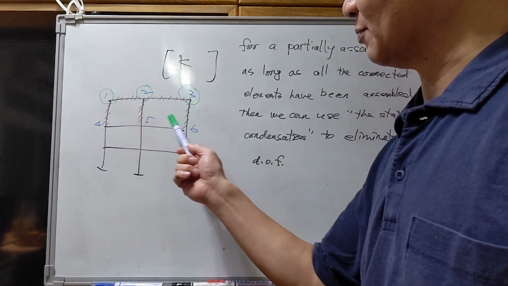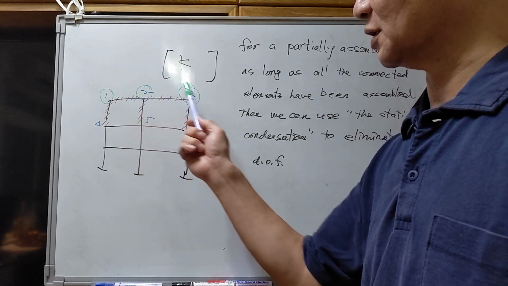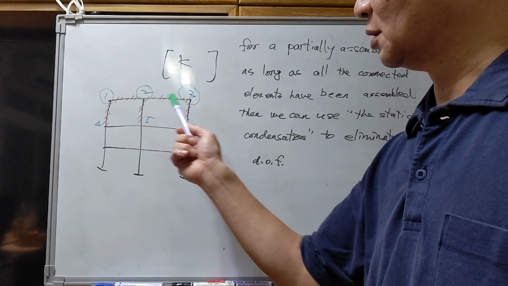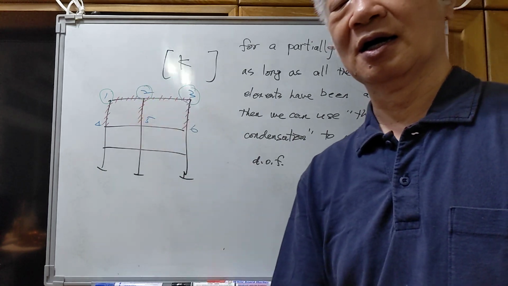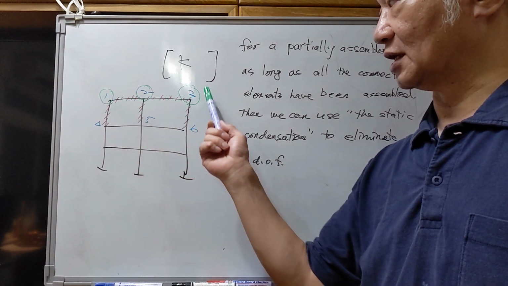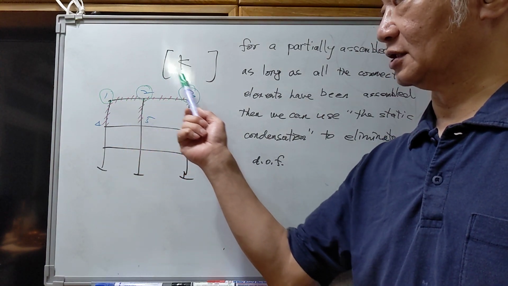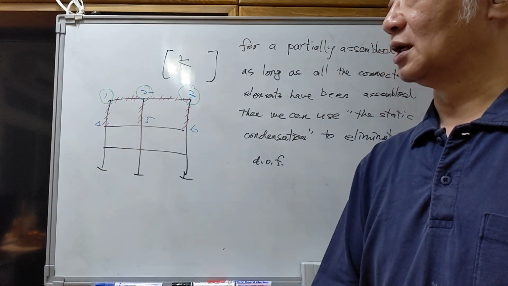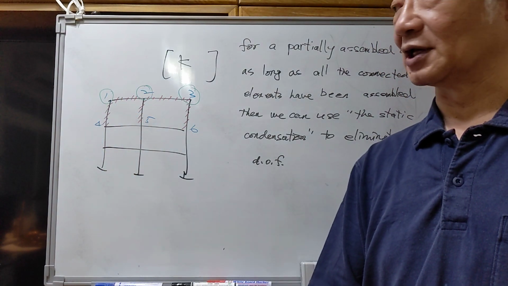If we assemble the 5 elements in the top layer, then we can use the static condensation to eliminate the degrees of freedom related to the first layer.